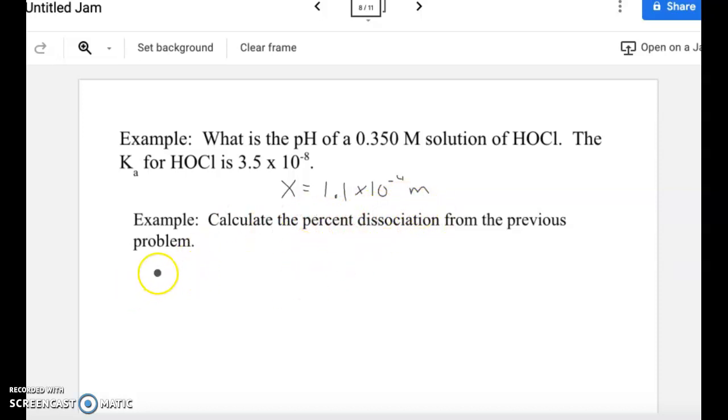All right, now for the percent dissociation, we just want to carry over that X value. So it's going to be 1.1 times 10 to the negative fourth, and we're going to divide that by the initial concentration, which was 0.350.